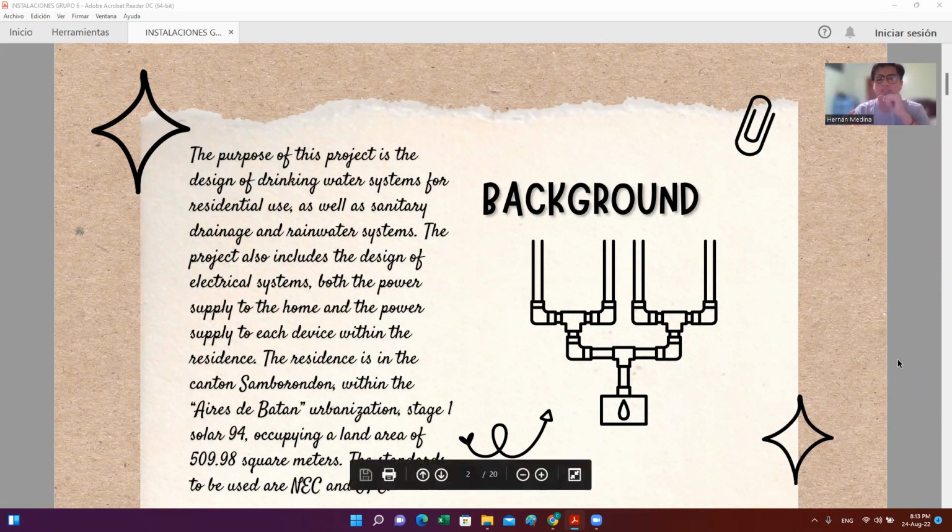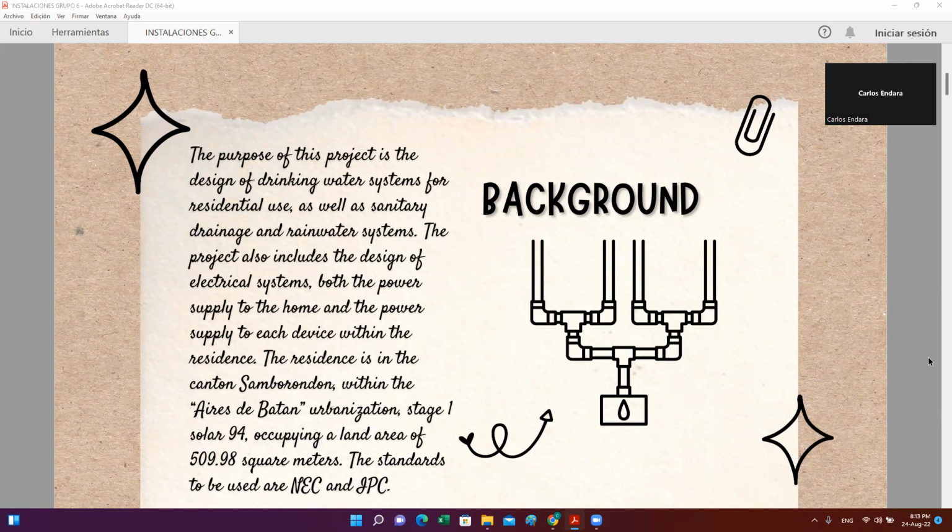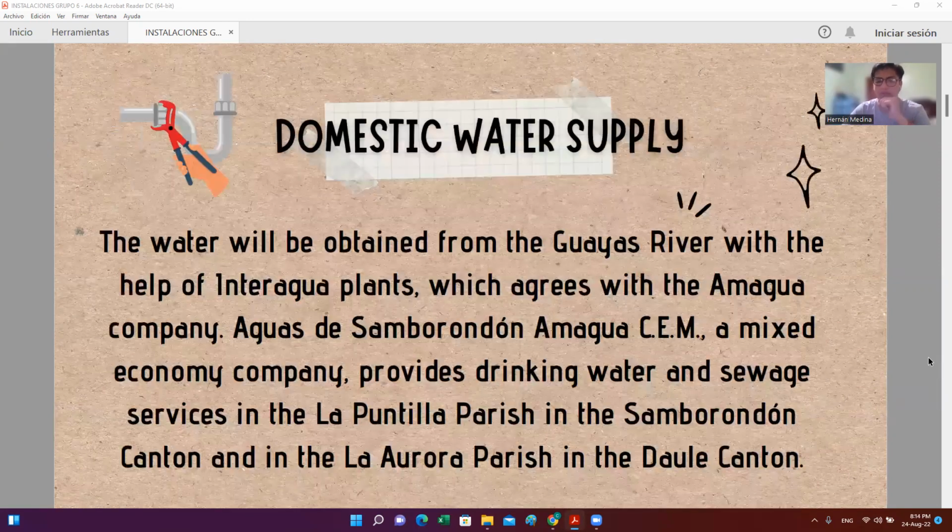The residence is in the town of San Borondon, within the Aires de Batán urbanization, stage 1, solar 94, occupying a land area of 509.98 square meters. The standards that we use in this project are NEC and IPC.